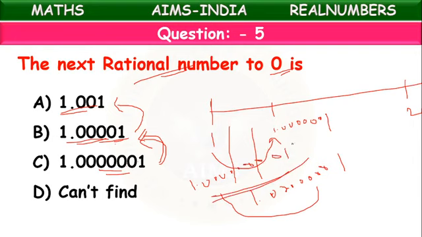So like that, if we divide this decimal with 10, we will get rational numbers which are closer to 1. So that's why we cannot tell the next rational number to 0, because if you tell any number, if you divide with 10, it will be closer to 1 than the given number. So answer, can't find.